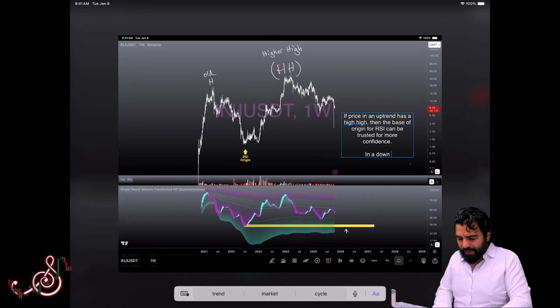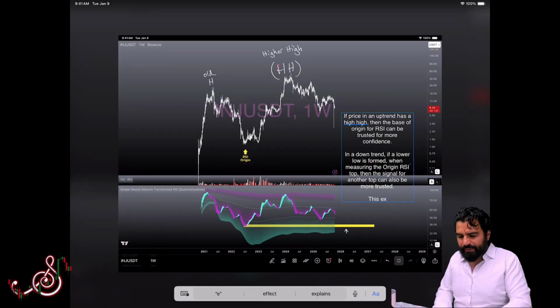In a downtrend, if a lower low is formed when measuring the origin top, RSI top, then the signal for another top can also be more trusted.